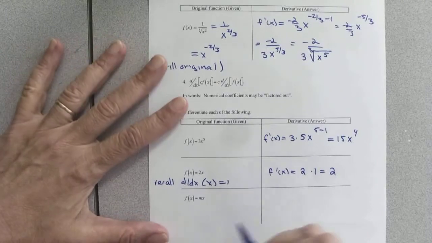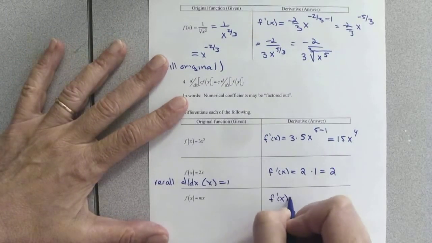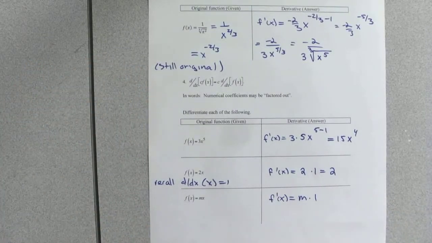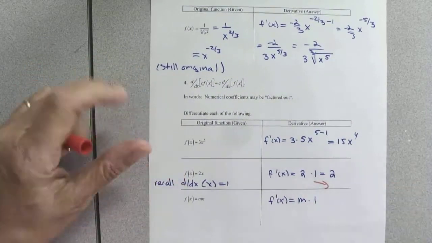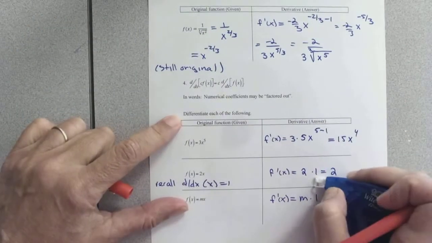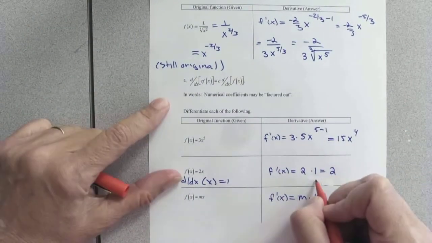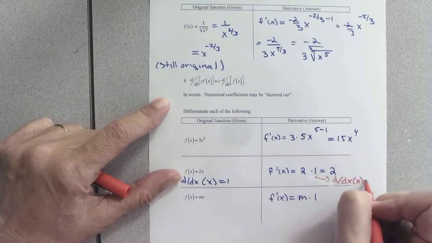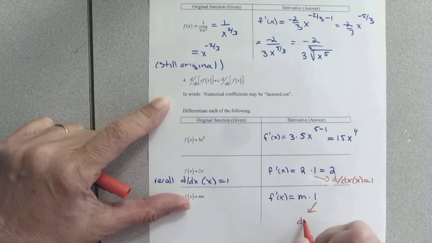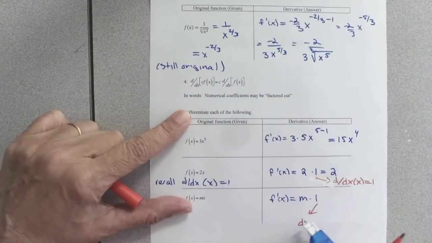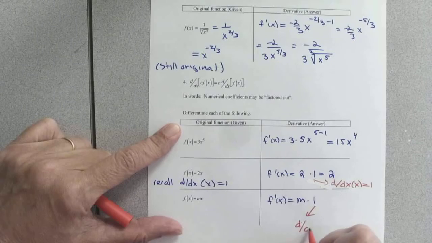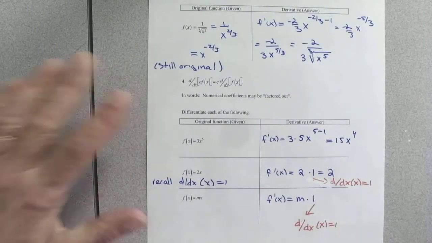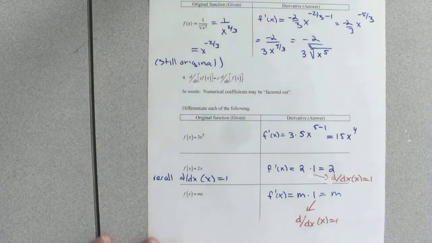We could do the same thing for the derivative of mx. Derivative of x is 1. So what we're doing in both those cases, derivative of x equals 1, and we did that there too. And so we just get m.